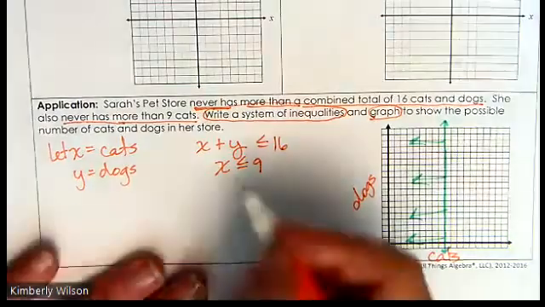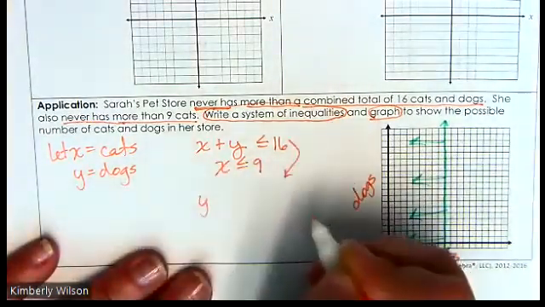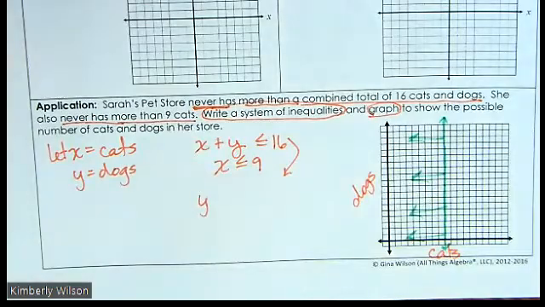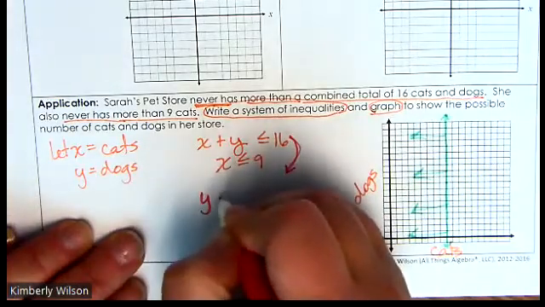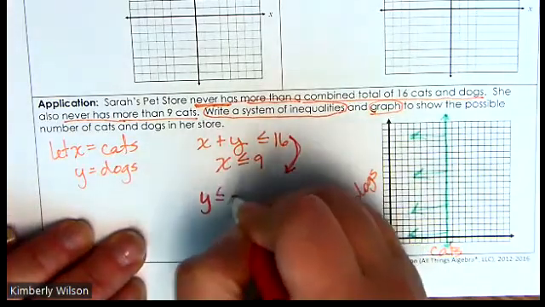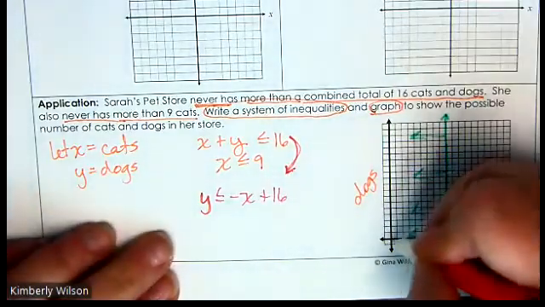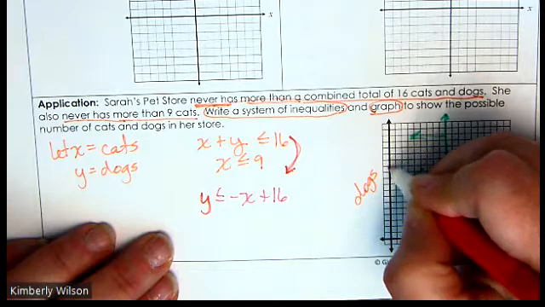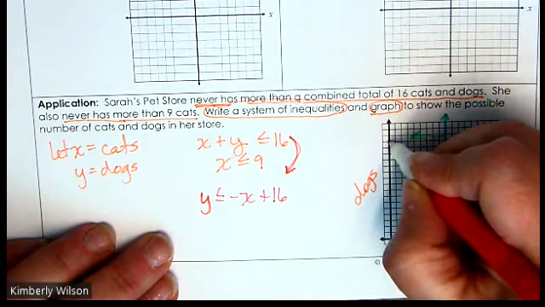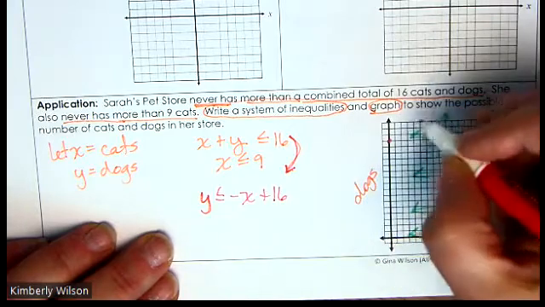Next, we've got to rearrange. So this is going to become y. Oh, I already used orange. Make a different color. y is less than or equal to negative x plus 16. Okay, so 2, 4, 6, 8, 10, 12, 14, 16, which is here.